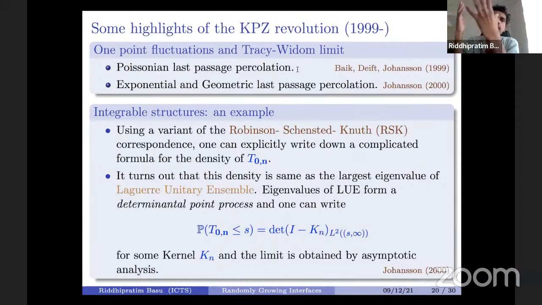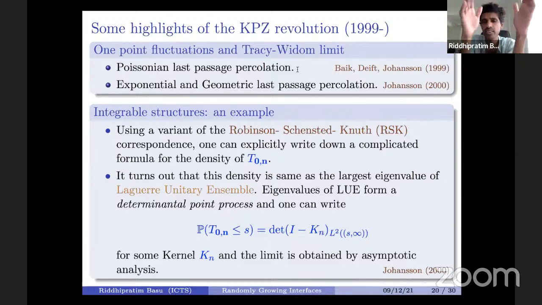So what one can do is use this RSK correspondence and the fact that the length of the longest increasing subsequence is the length of the first row of the corresponding Young tableau. You use that fact and you use these hook length formulas.